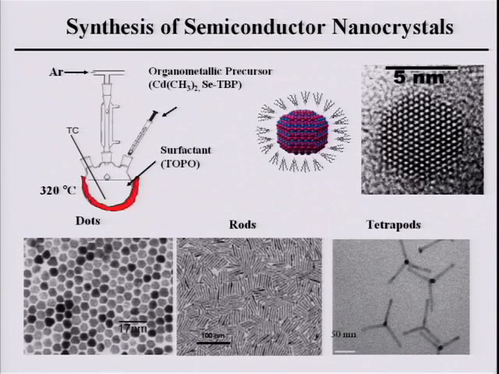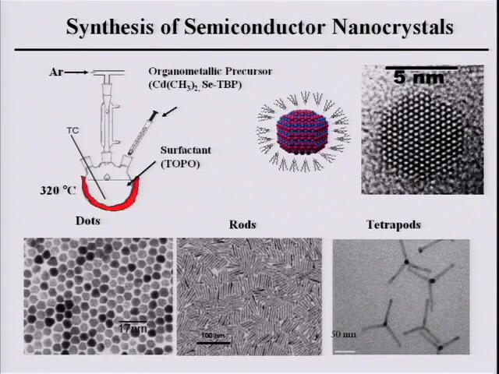Another type of nanomaterial I have been working on for the last 3 years, while I was still a postdoc at Berkeley, is semiconductor nanocrystals. These tiny crystals have sizes between about 1 and 10 nanometers. They are based on purely chemical synthesis in a very hot organic surfactant.